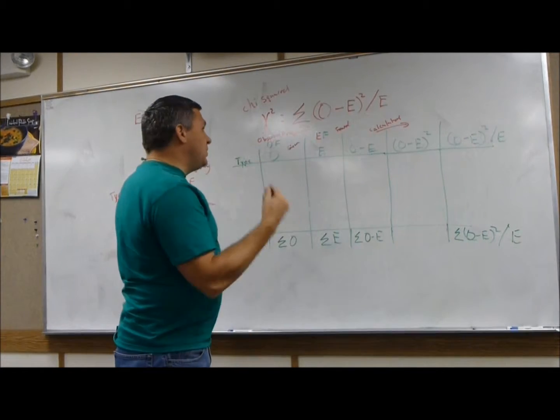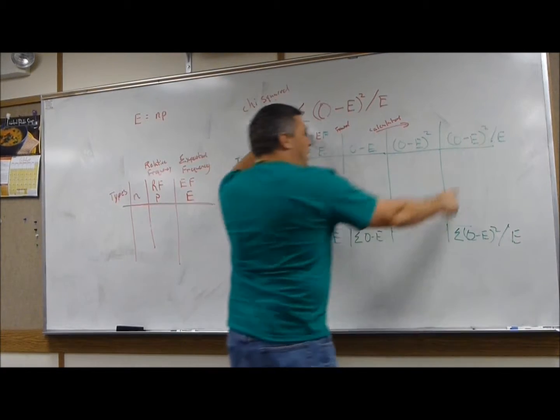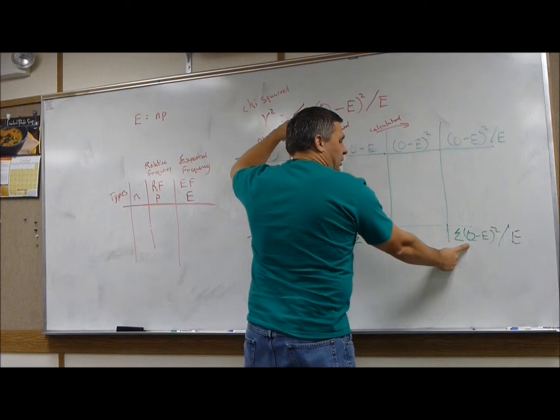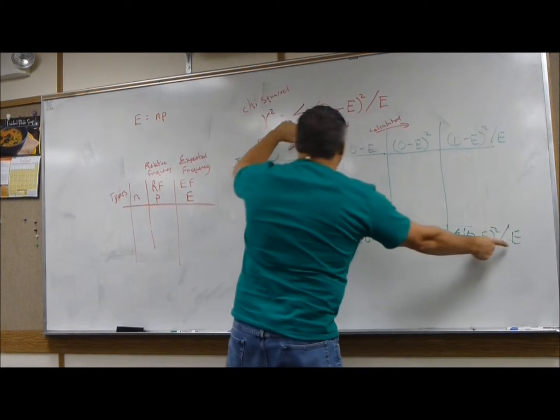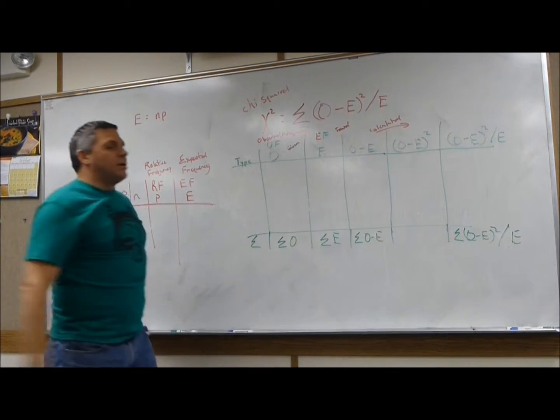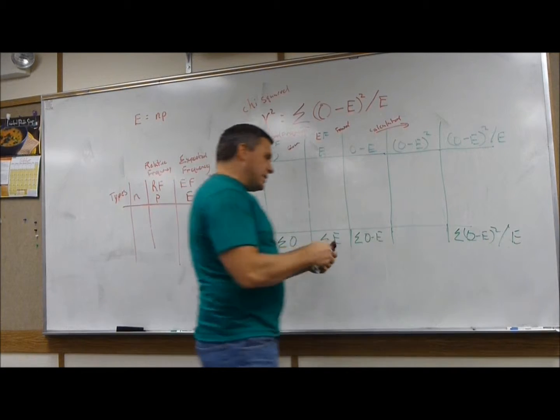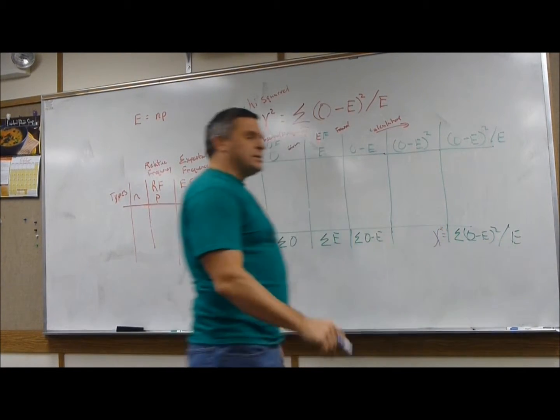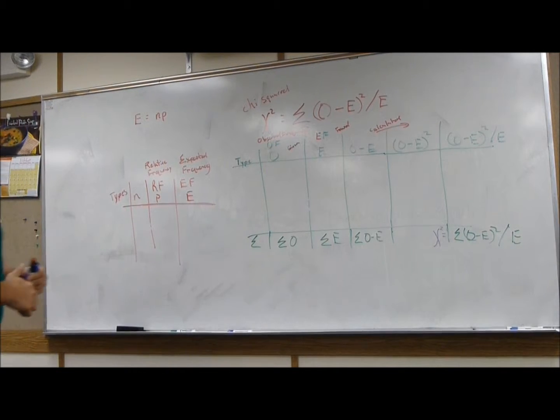When we're done with that, we add up all of these, and we'll have the summation of O minus E squared divided by E, and that will give us our chi-squared. So in essence, chi-squared is equal to this.